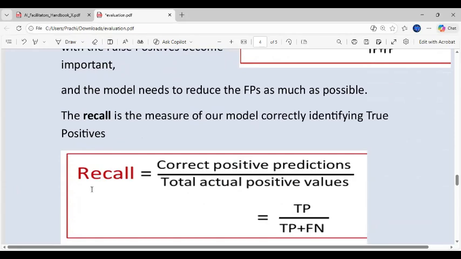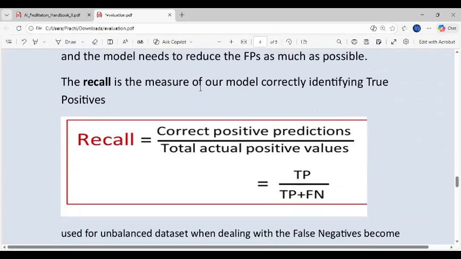The second parameter is recall. It is a measure of how a model is correctly identifying true positives, right? True positive is in the numerator, but in the denominator you will be taking the total actual positive values. That means TP and FN.